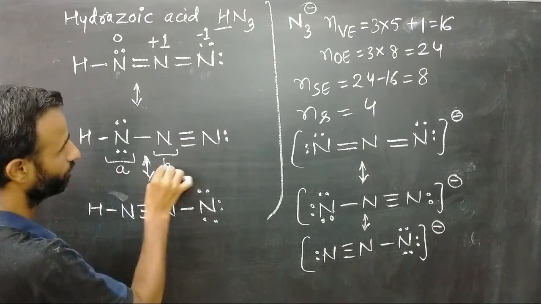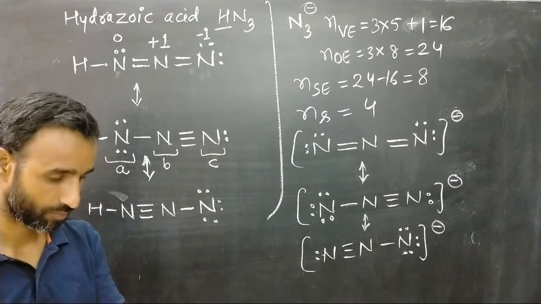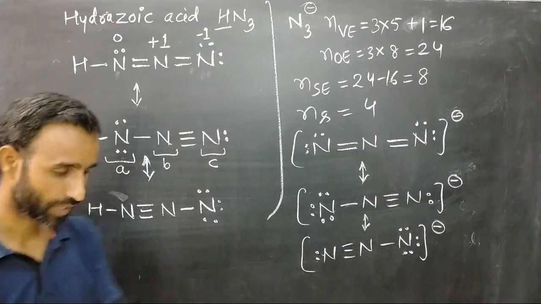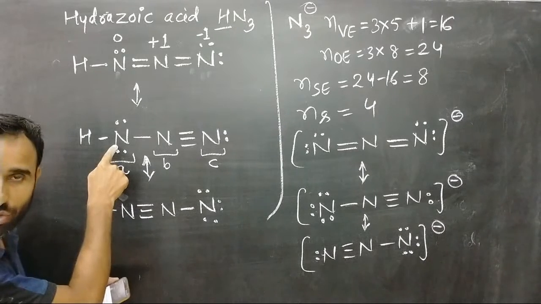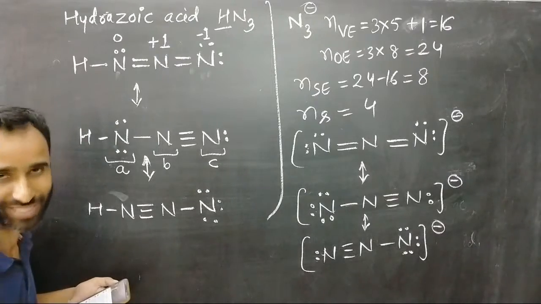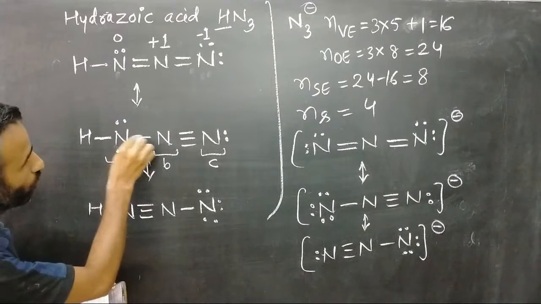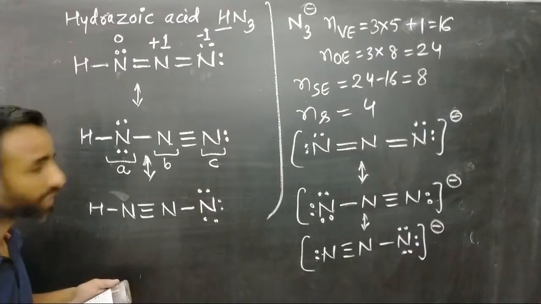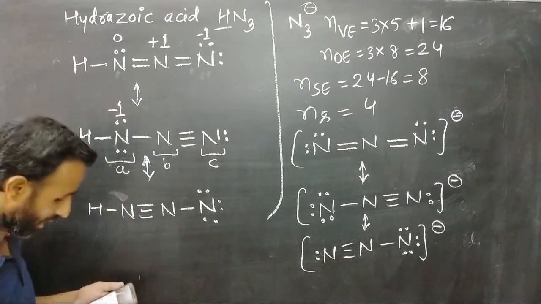Do it fast. This nitrogen has how many valence electrons? 5. Any nitrogen has 5 valence electrons, okay? Out of 5, how many are shared? 2. So 5 plus 2, 7. But it has 8. So minus 1.